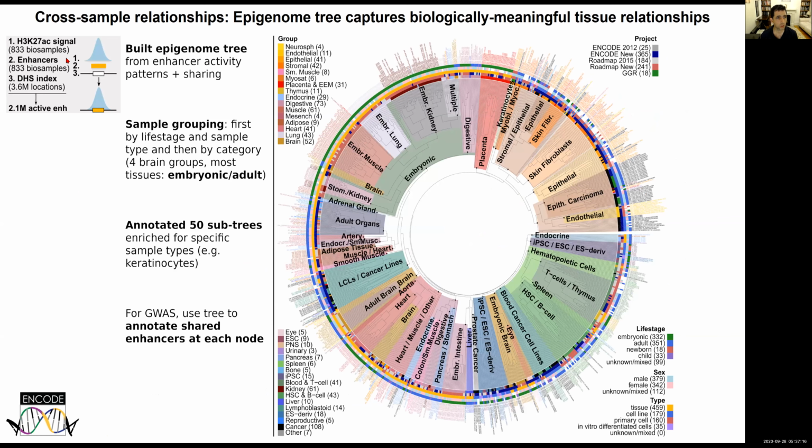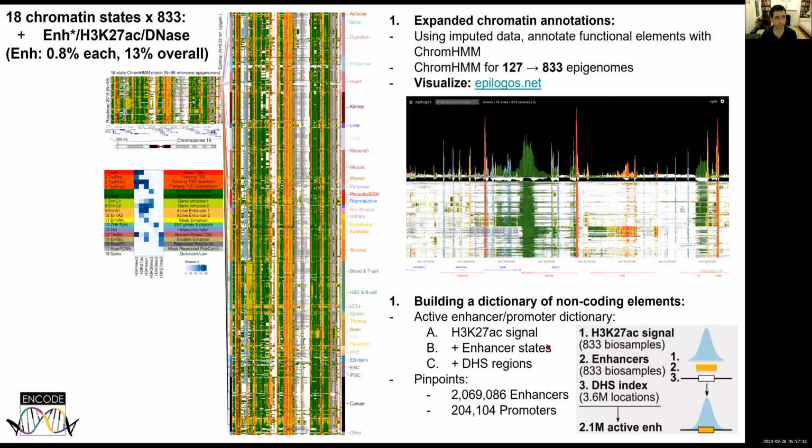We've used these enhancer annotations to study a tree relating all of the samples based on the enhancer activity patterns that they share. And you can see here that this tree, in fact, captures a lot of the known biology of each of those tissues.